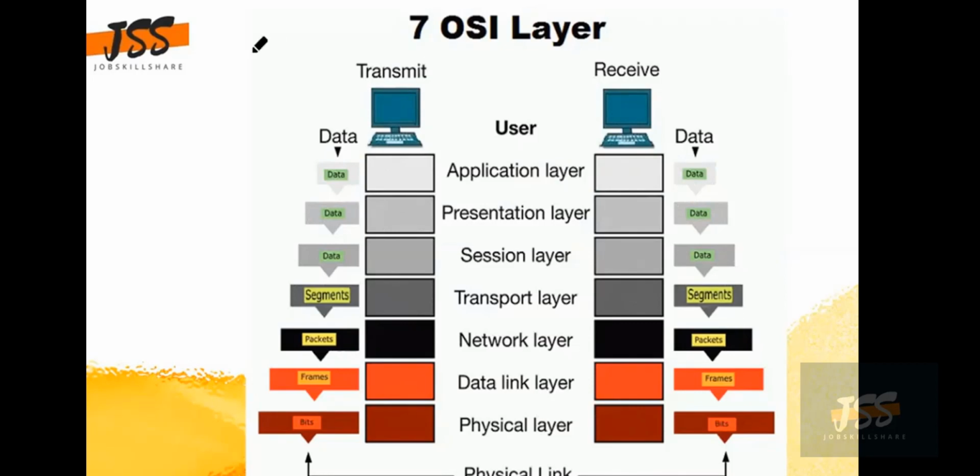Exactly. So let's talk about the OSI layer in detail with this one example. In the next slide, I will show you the animation as well, so it will clear your concept. So here we have the transmitter, or you can call it sender, and then here we have a receiver.